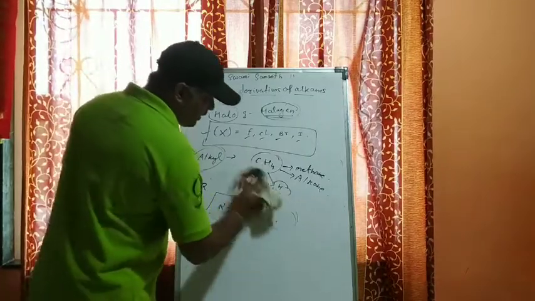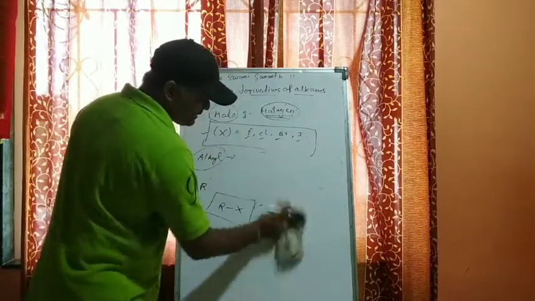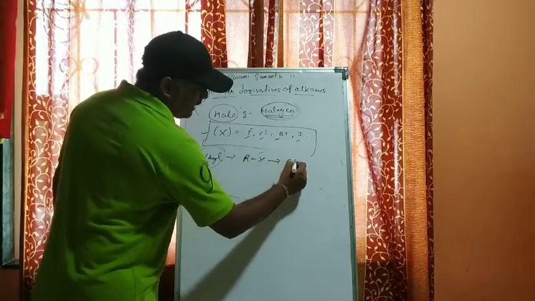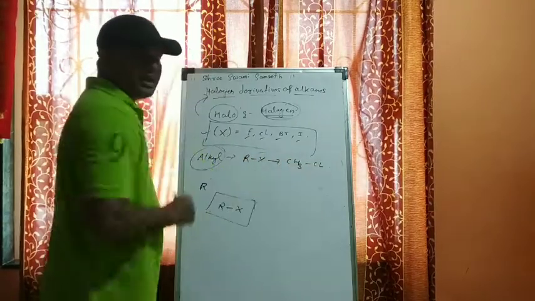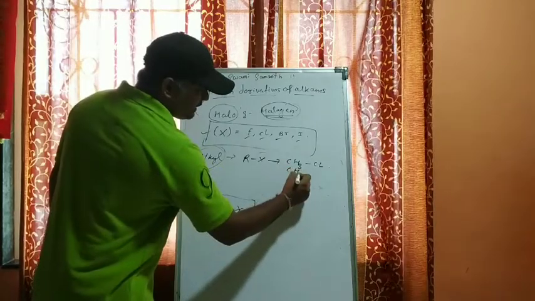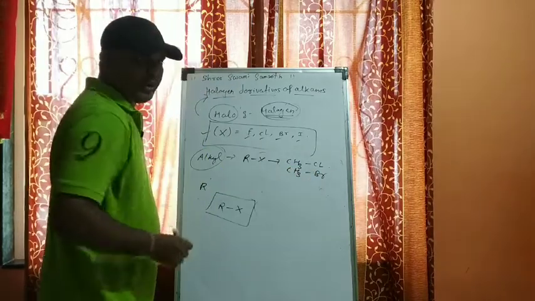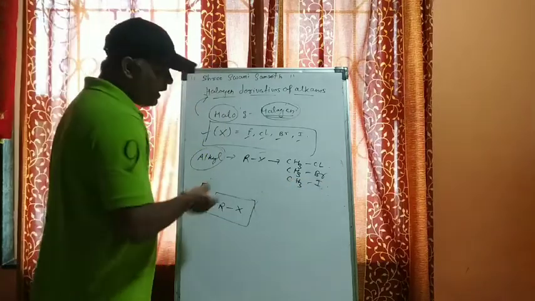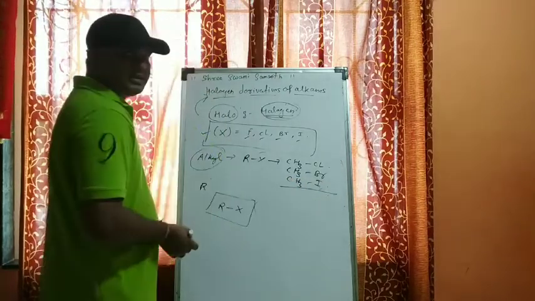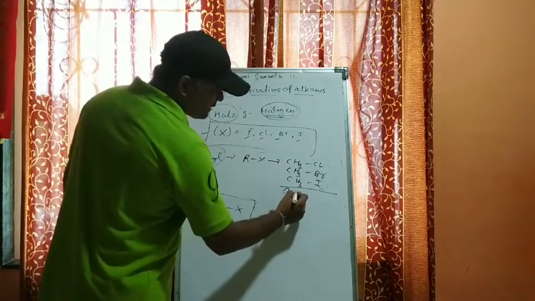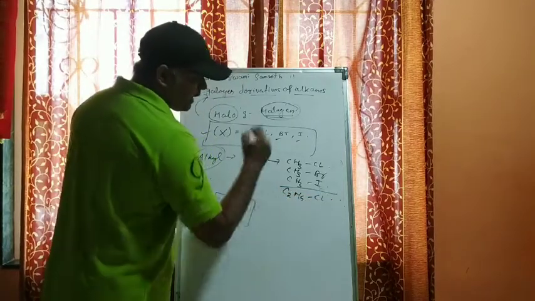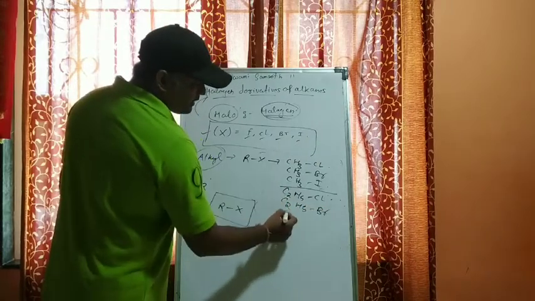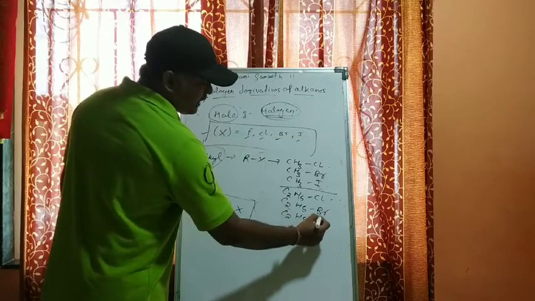Any alkyl halide may be present. For example, we can take CH3Cl, methyl chloride; CH3Br, methyl bromide; CH3I, methyl iodide. It is not necessary that it will be only methyl. An ethyl group can also be present: C2H5Cl, ethyl chloride; C2H5Br, ethyl bromide; C2H5I, ethyl iodide.